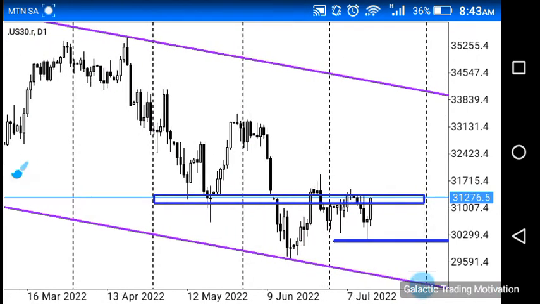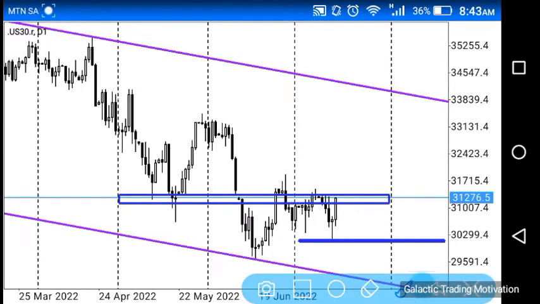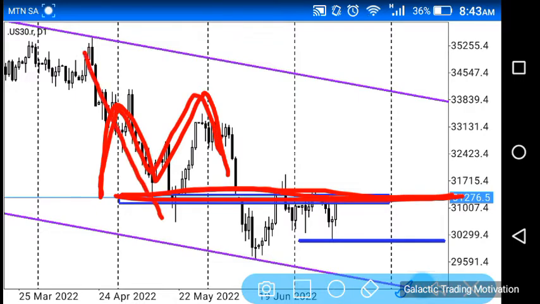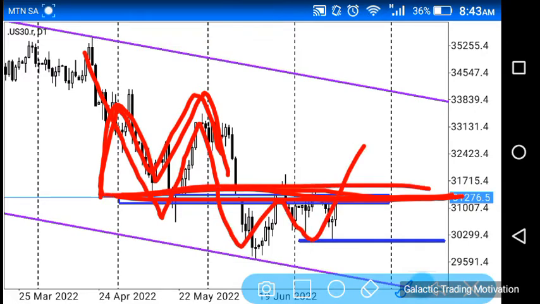As much as we have that pattern, just bear in mind that we also had this M structure with a neckline there, and I said that this neckline is now a very strong area of resistance. So we have a bit of a dilemma, because we have this M structure with a neckline there, and we also have this inverted head and shoulders pattern, and its neckline is also here, right?